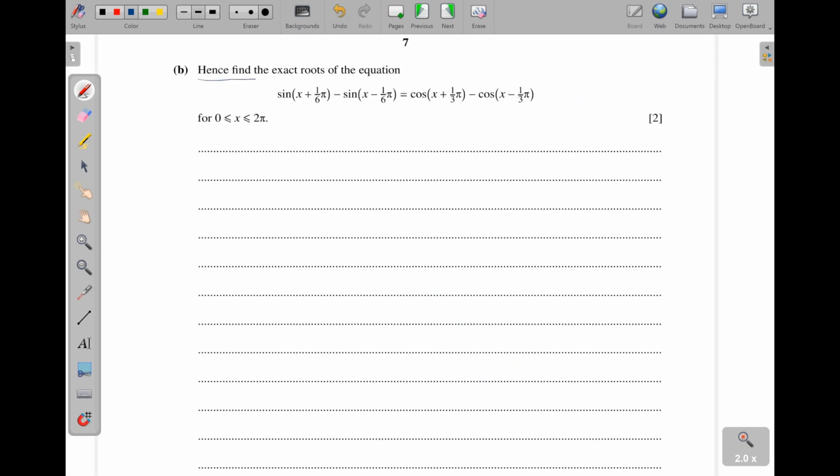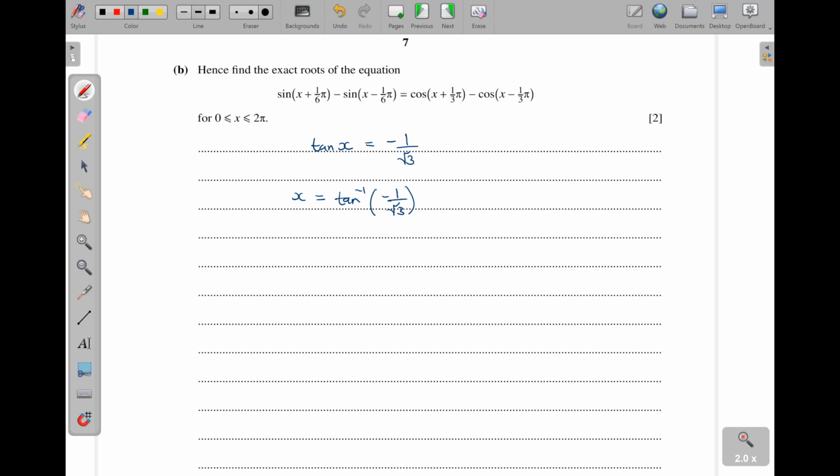Part B, hence find the exact roots of this equation. Hence, begin from where you have stopped. So it is the same thing that we are having here, but we have already simplified it to tan x, which is equal to negative 1 over root of 3. So meaning x is going to be equal to the arctan of negative 1 over root of 3.